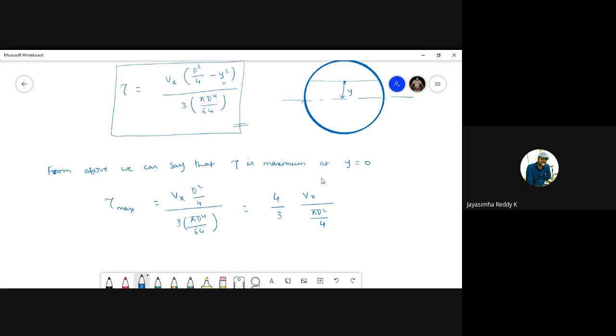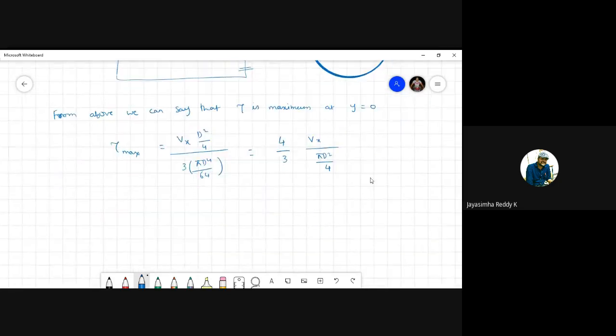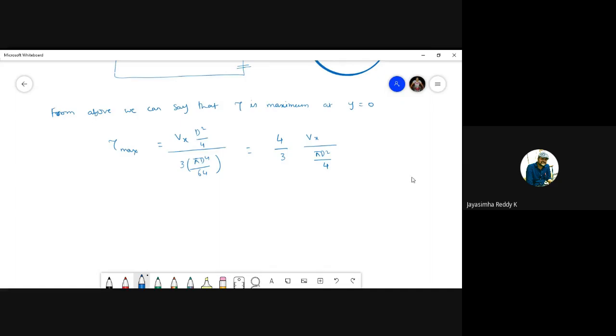I have just simplified the above equation and written this as 4 by 3 into Vx by pi d square by 4. Okay. Now let us see what is tau average.